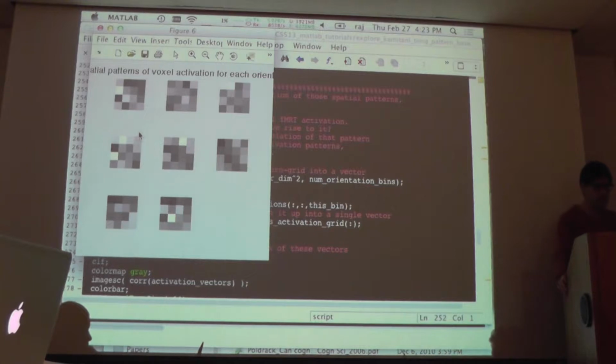A kind of metaphor that I like to use for this is, imagine you've got two black and white photos, and you want to figure out, are these basically the same photo?